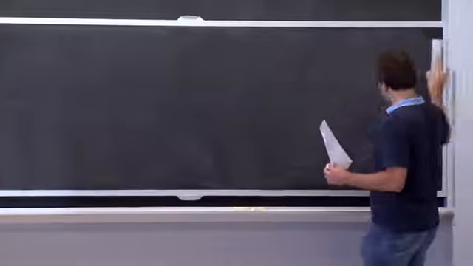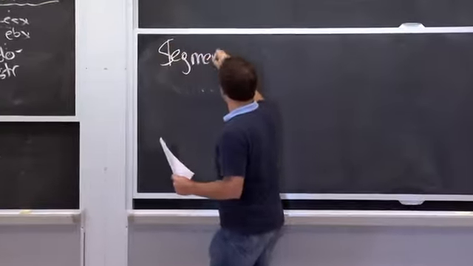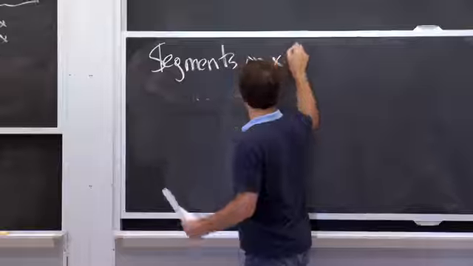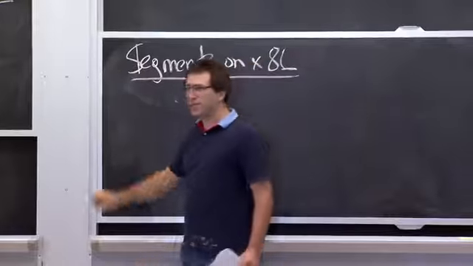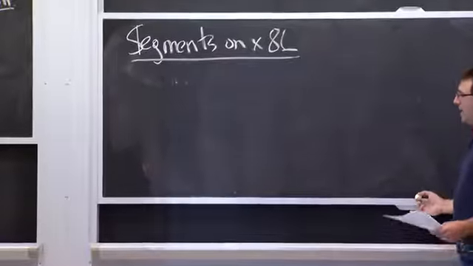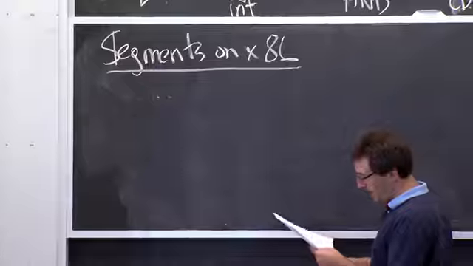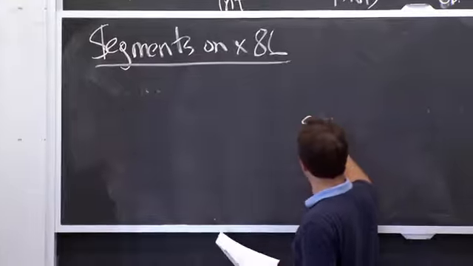So the way it works is that whenever a process is running, there's actually a table maintained by the hardware that's called a segment descriptor table.